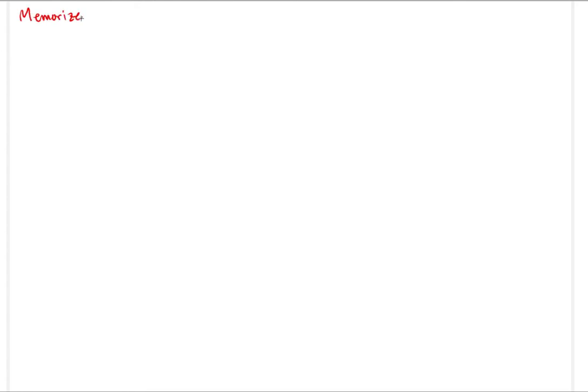Memorize these. But the nice thing about these two is they have a nice little rhyme that helps you to remember them. So the two I want you to memorize are the addition formulas for sine and cosine. And the little rhyme for sine is you say sine, cosine, cosine, sine.